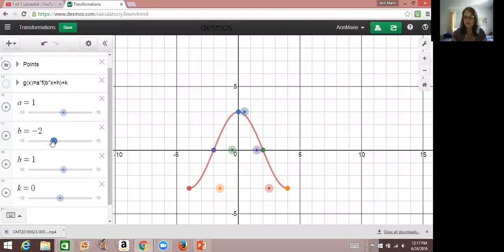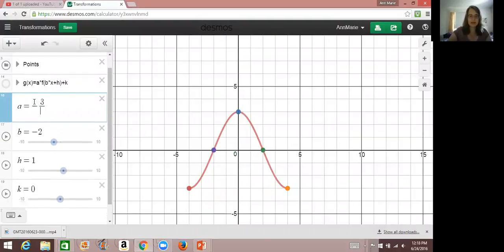Okay. So we've done our internal. So we've done shift, stretch. Now what's next? The external stretch. And my external stretch is a -3 divided by 2. So -3/2. And here on my little key, that means A needs to be -3/2.